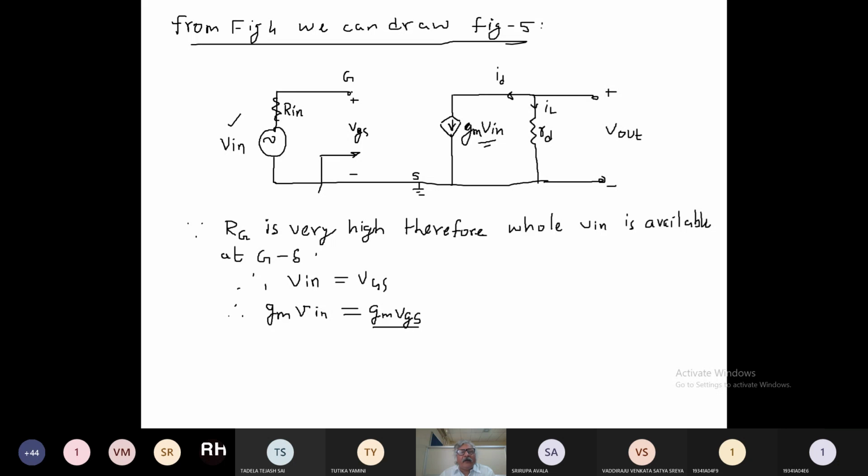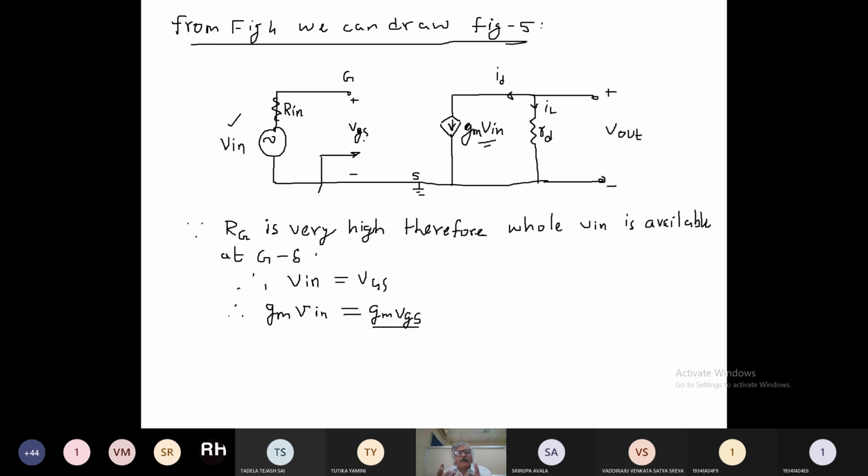So if the input impedance of the amplifier is high, then maximum input voltage is available there. So for the amplification, you are having the maximum signal which has to be amplified, right? And if its value is less, then you will have a lesser input signal to be amplified.